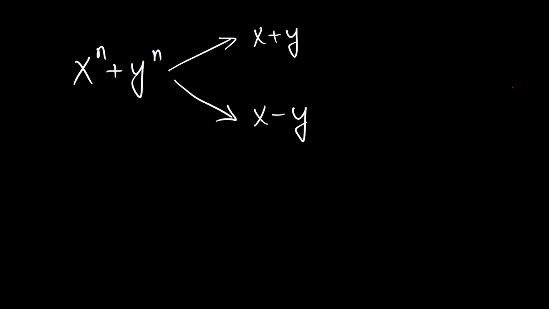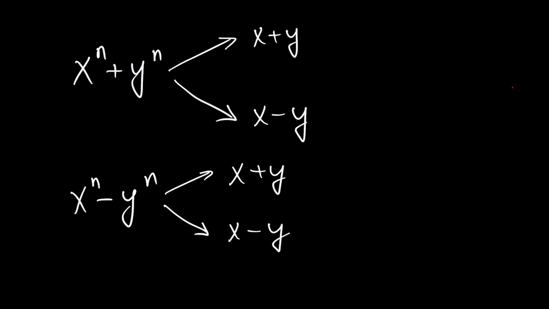We also had another binomial, x to the power n minus y to the power n, and we had two cases, x plus y and x minus y. In previous tutorials, we already learned that for the first case we have divisibility, but n must be odd. Odd numbers are 1, 3, 5, not divisible by number 2.